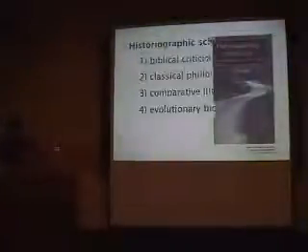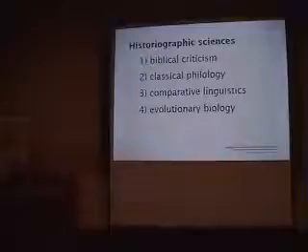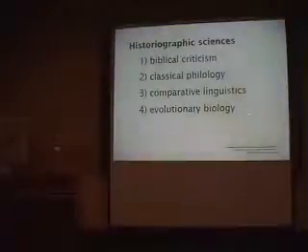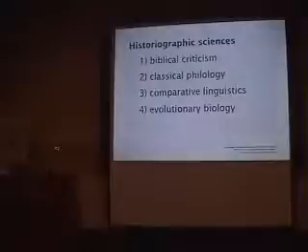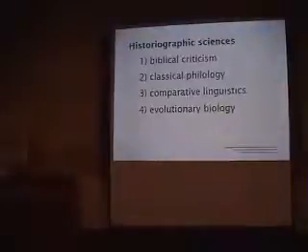What is historiographic science? His examples are, say, biblical criticism, classical biology, comparative linguistics, and evolutionary biology. These domains are different, say, science or non-science regions, but all these historiographic sciences have some characteristic in common.